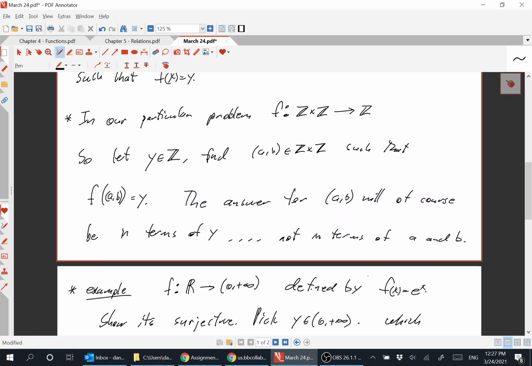But there are several different possible answers because f is not one to one. In this example, there's only one answer, the natural log of y, because the exponential function is one to one.